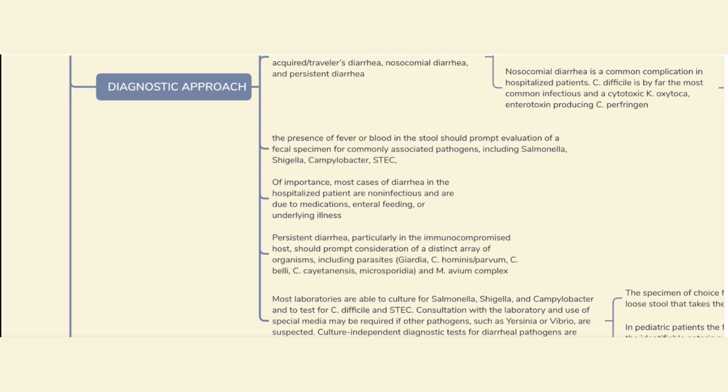During this time, it will be safe to administer antibiotics to this patient if needed. Most cases of diarrhea in hospitalized patients are non-infectious, and they are usually due to medication or enteral feeding or any underlying illness.